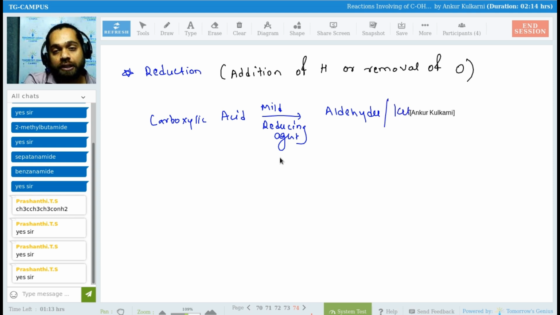I'll get aldehydes or ketone. And if I further reduce it, what will I get? I'll get an alcohol.